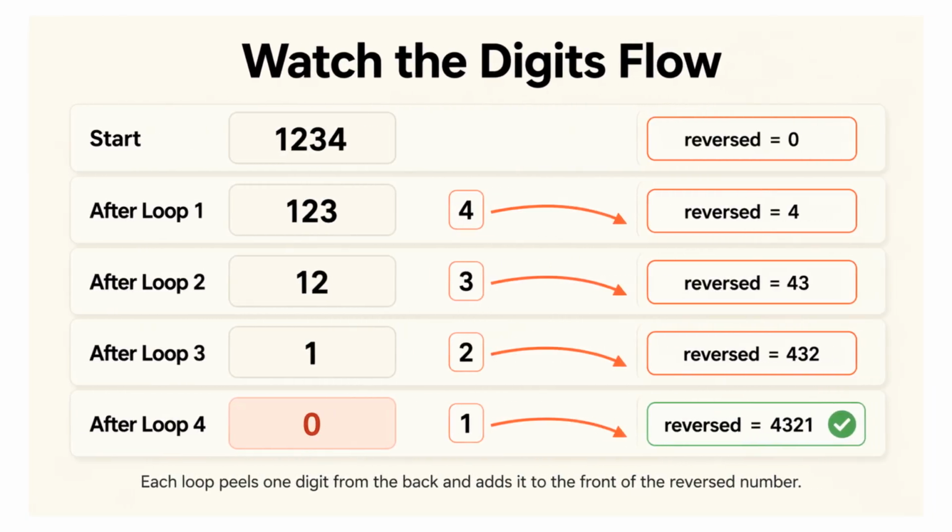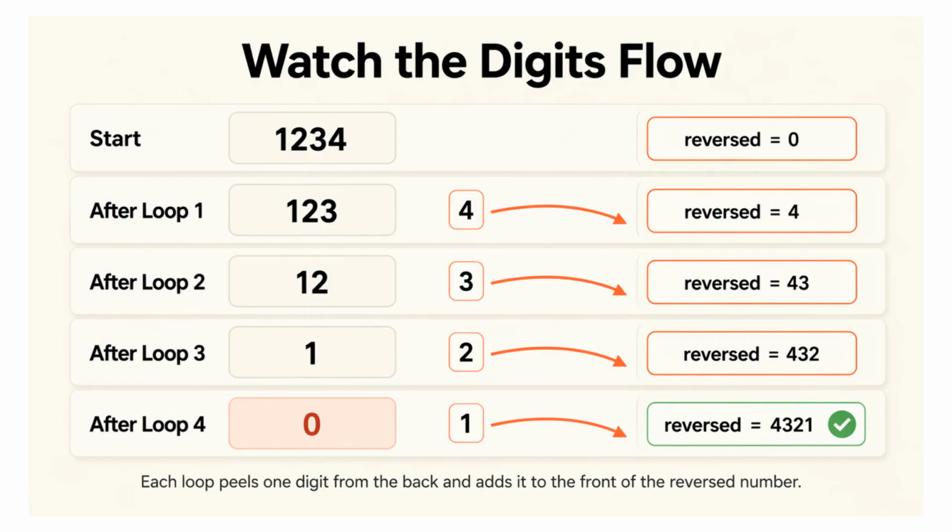Let me show you this one more time, but visually, so you can literally watch the digits flow from one side to the other. At the start, n is 1, 2, 3, 4, and reversed is empty, sitting at 0. After the first loop, the digit 4 peels off from the right side of 1, 2, 3, 4 and lands on the left side of our reverse number. Now reversed is 4 and n is 123.